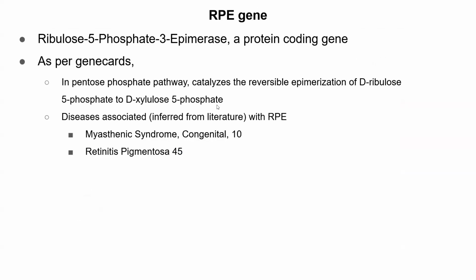So I will be using the gene RP, or ribulose-5-phosphate-3-epimerase, as an example gene. It's a protein coding gene, and as per the GeneCode information, it participates in the pentose phosphate pathway. The enzyme catalyzes the reversible epimerization of D-ribulose 5-phosphate to D-xylulose 5-phosphate.